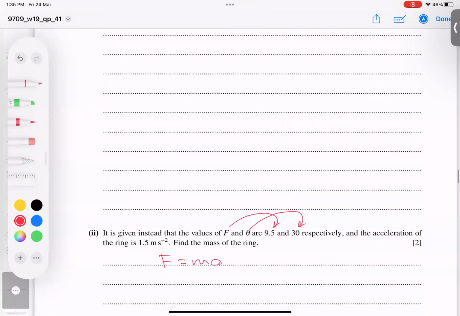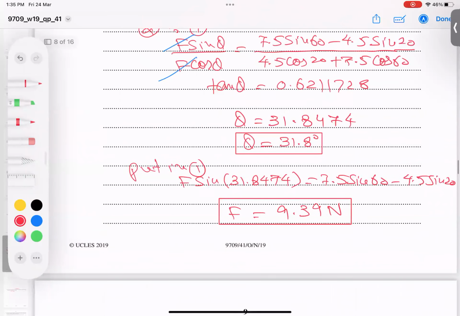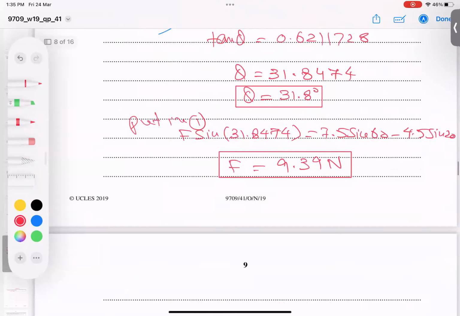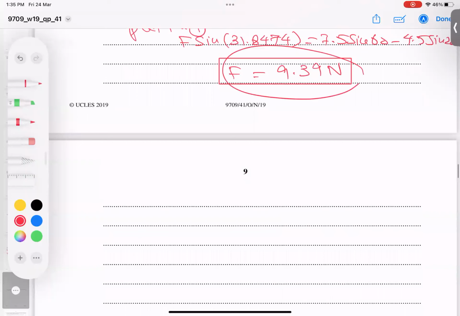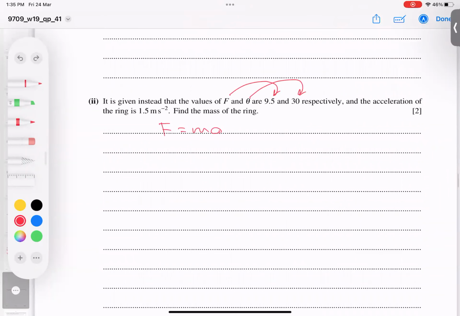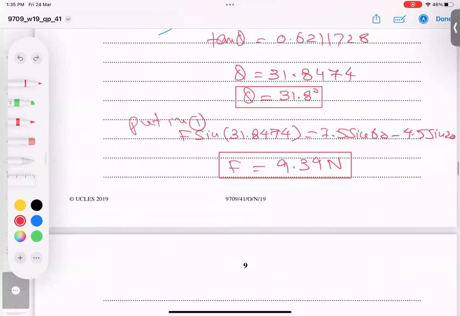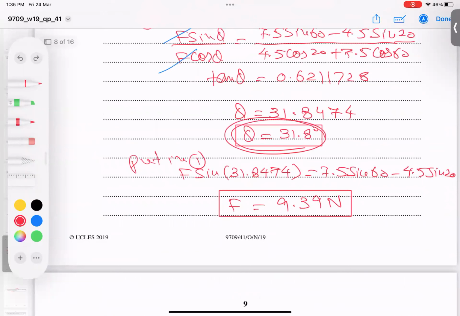Okay, now this is a 2 mark question. He changed the force to 9.5, not 9.39 that we got, and he said theta is not the 31.8 we got, so change it.